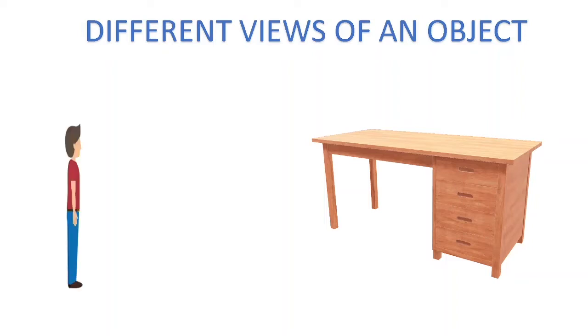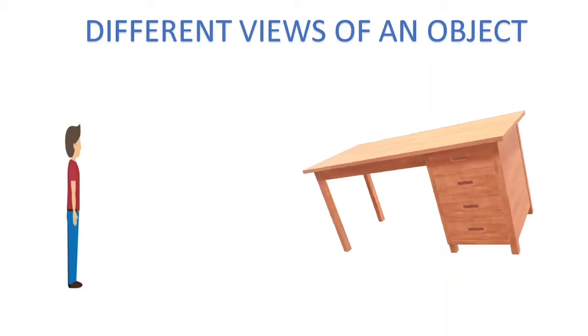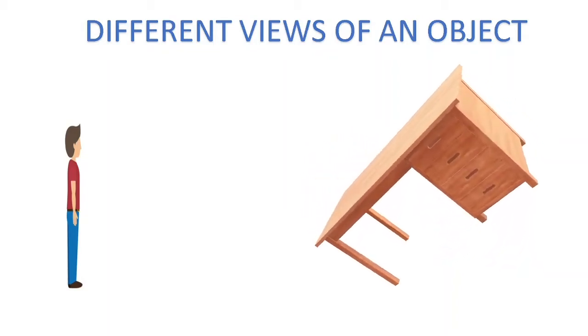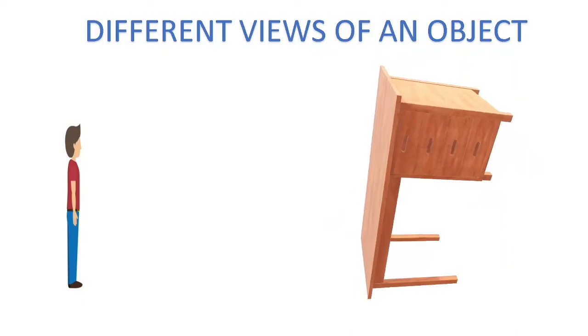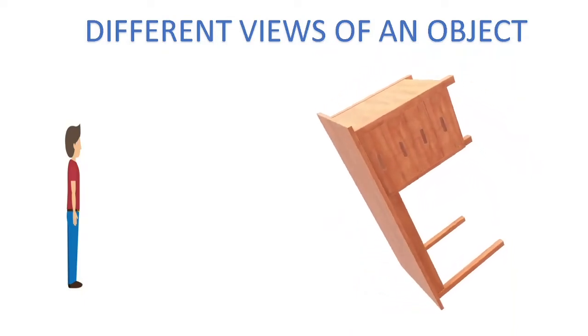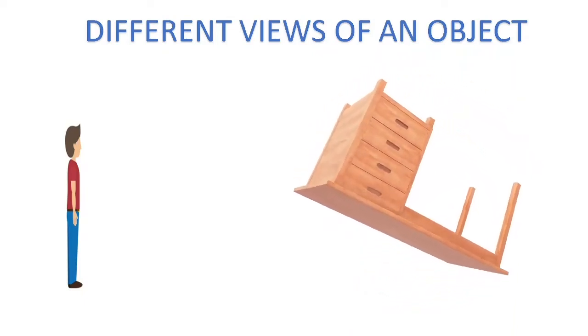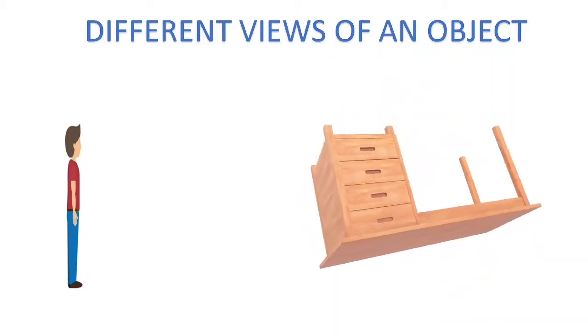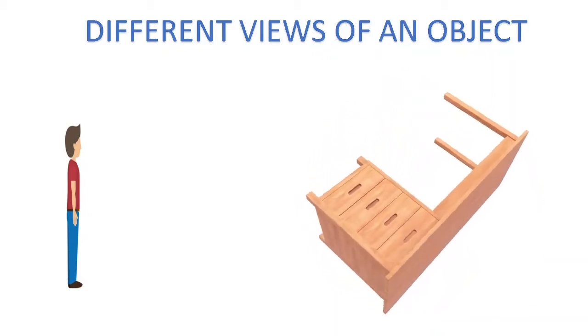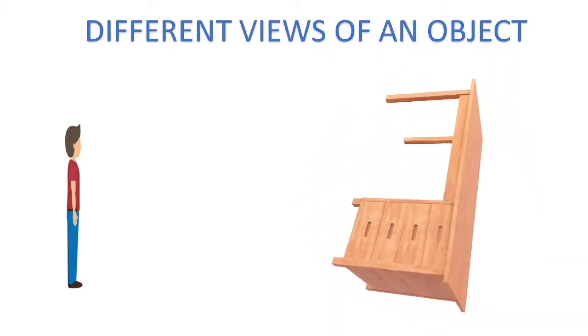Now imagine from the point of view of this person standing over here, the view is front view for now, and let's say now the table starts moving. Now he is seeing the top view, and here comes the side view. I am talking with respect to the position of this person standing in the picture.